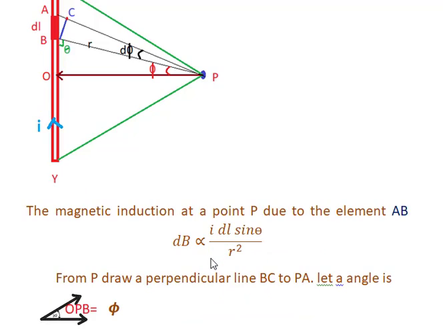From point B, draw a perpendicular line BC to PA.